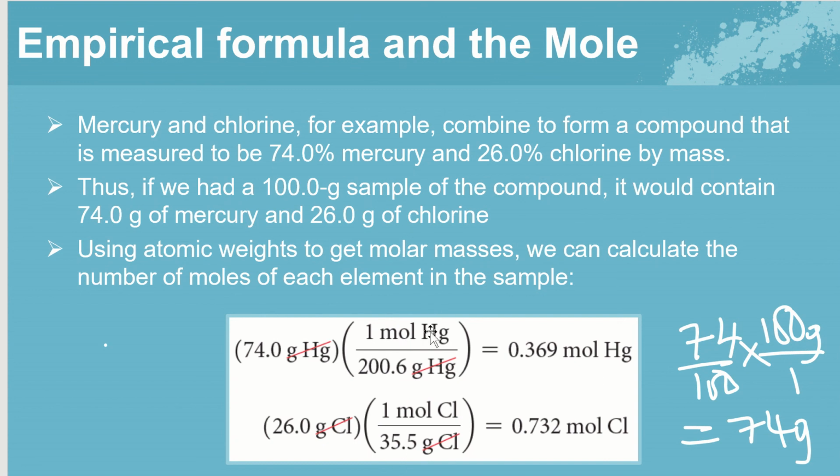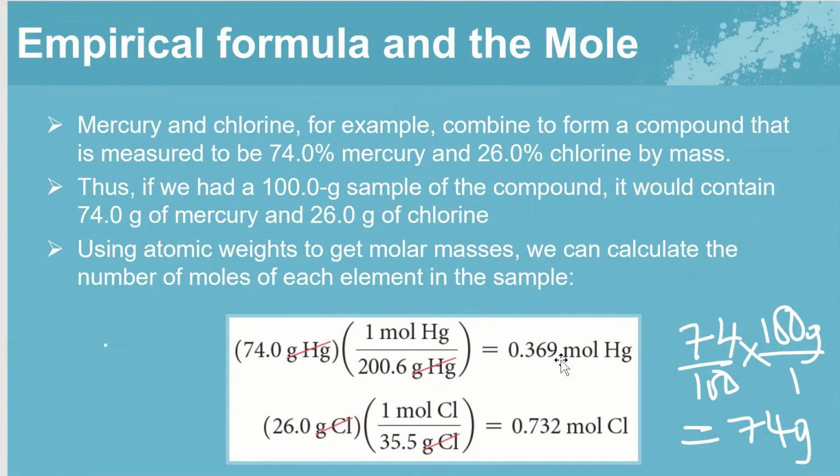So we need to look in our periodic table to find out the atomic weight for mercury as well as for chlorine, right? So that's where we would find these numbers, and all numbers related to the molar mass. And so here, our given unit is 74 grams, and that is in our denominator of our conversion factor.